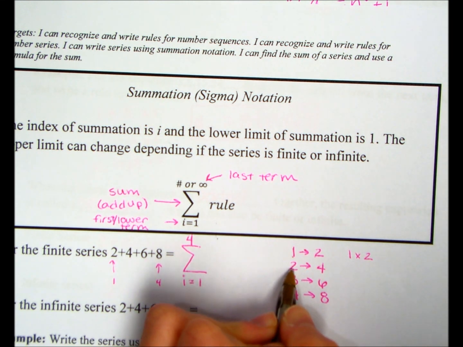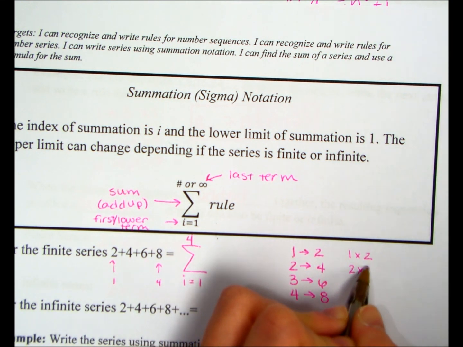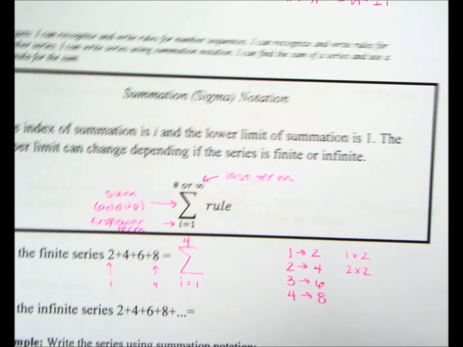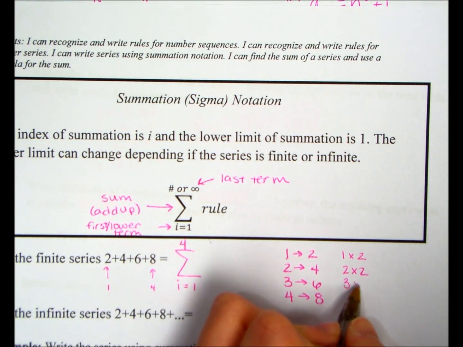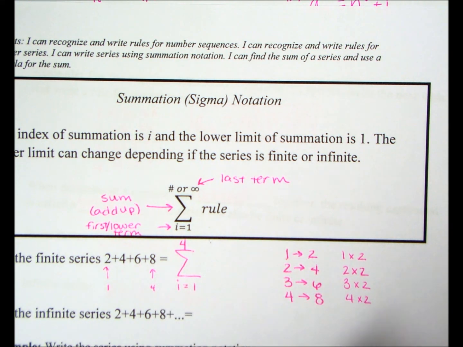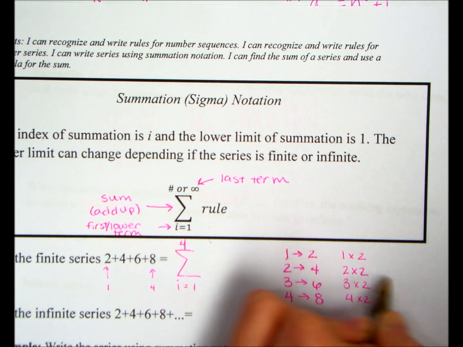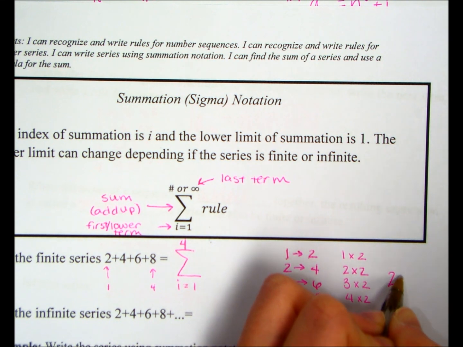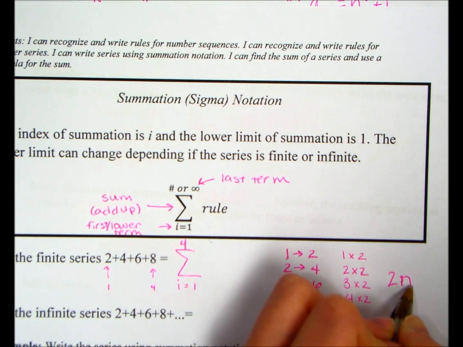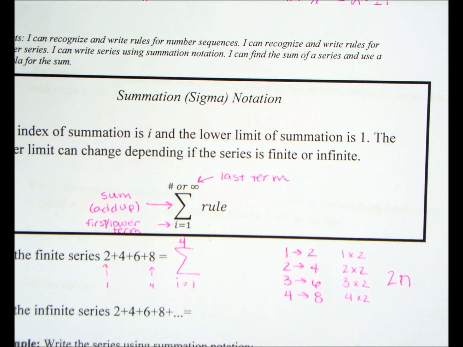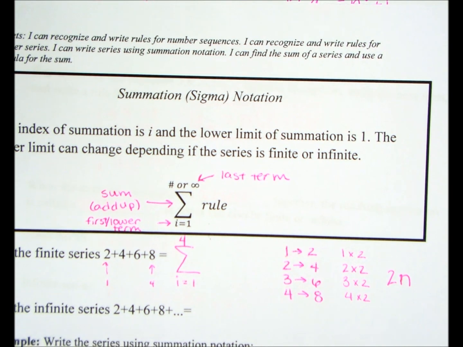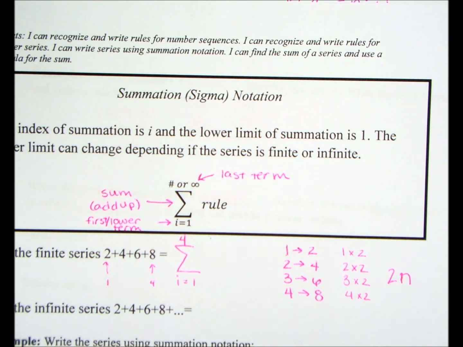I go from 2 to 4 by multiplying 2 by 2 to get 4. I multiply 3 by 2 to get 6. I multiply 4 by 2 to get 8. So my rule, I can say, is 2 times the number of term that I have. 2 times n.